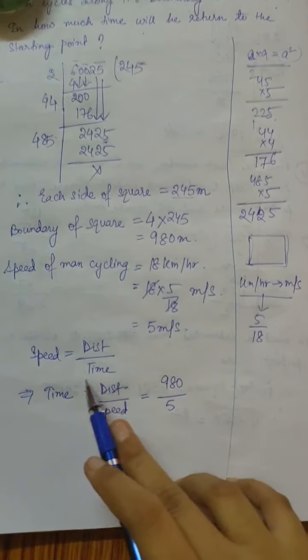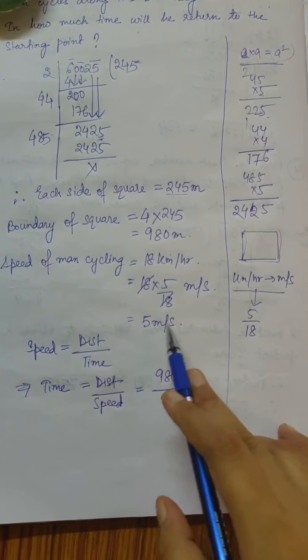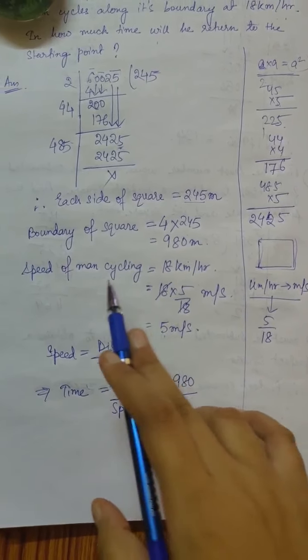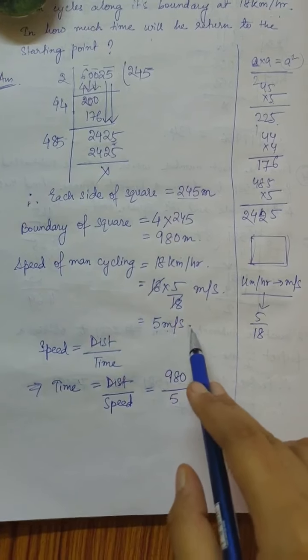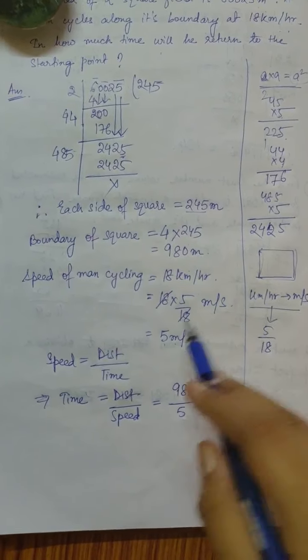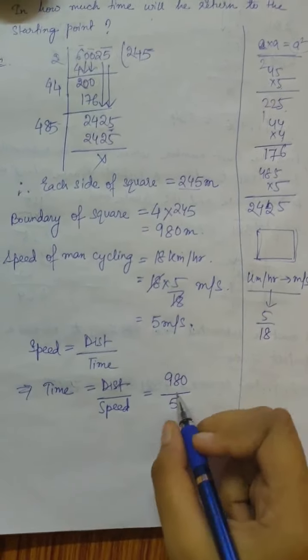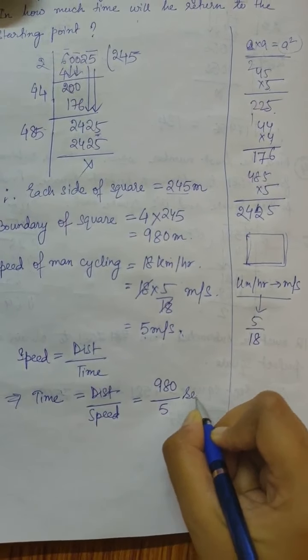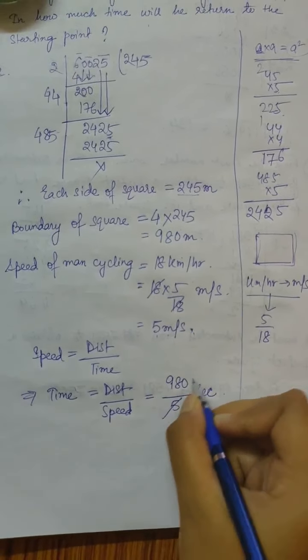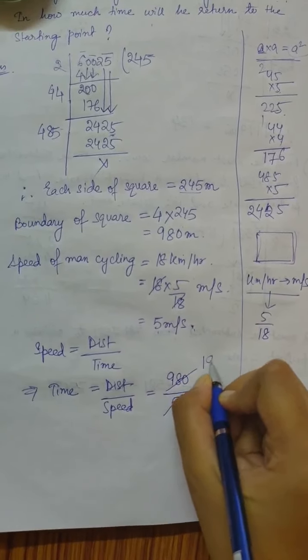The unit of time here becomes second, because we have converted the speed into meter per second and here we have meter. So the time unit must be second. So 980 by 5 seconds. Now if you cancel them, you will get 196.